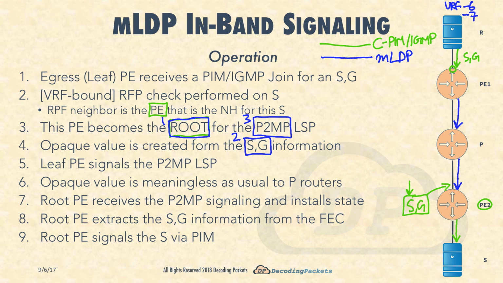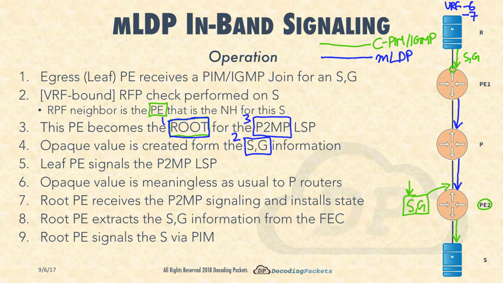But once again, I've moved back into the PIM realm because the root PE from that point on, beyond the SP core, is going to signal to S for this particular S, G via PIM. And this is exactly what happens. You have PIM coming in, you get that value converted into the P2MP FEC, you signal the FEC, you install the states everywhere where they need to be.